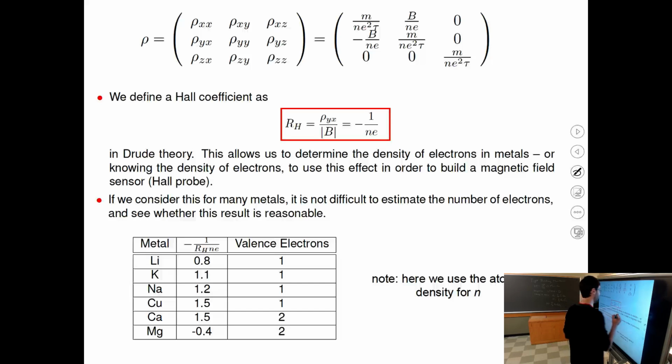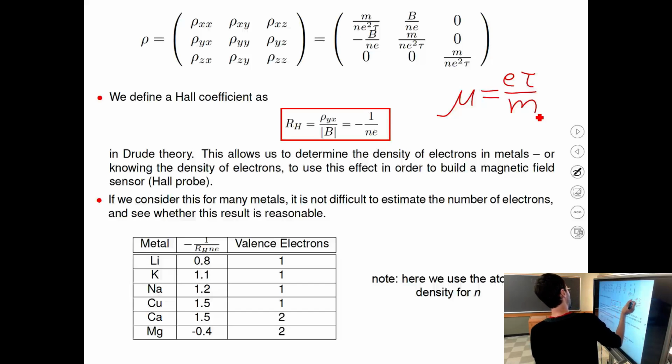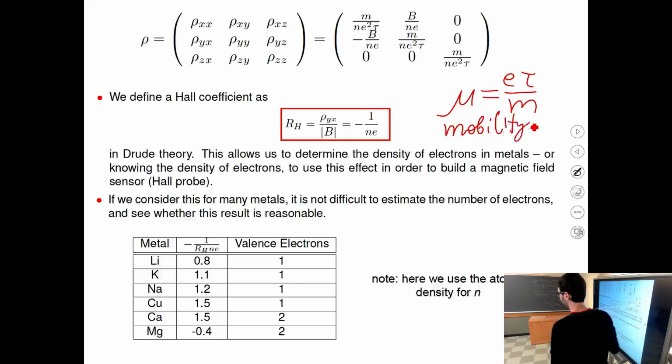And actually in semiconductor physics, we often work with this mobility. Mobility is charge times tau divided by m. And so it's the same knowing tau and knowing mobility. Mobility is something you find more often in a paper or in a reference to a particular material.